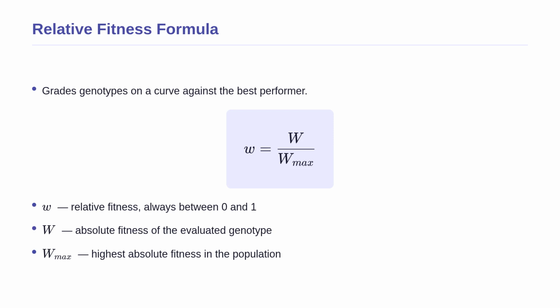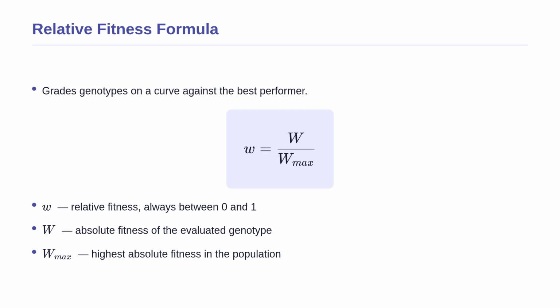Now that we have the absolute fitness, we must calculate the relative fitness. Evolution is inherently a competition, so we need to know how a genotype performs compared to its peers. The formula is lowercase w equals capital W divided by W max.